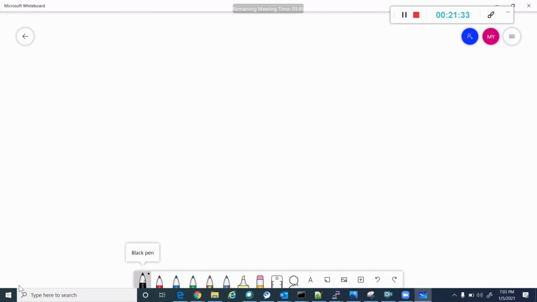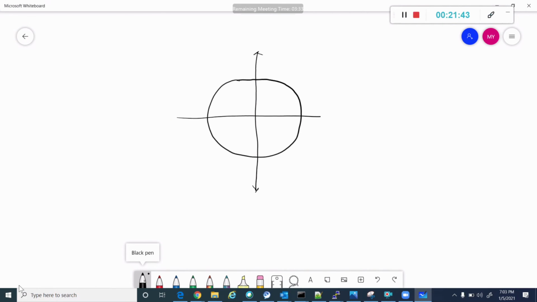This is my unit circle with center at the origin. This is A (1, 0), B (0, 1), C (minus 1, 0), D (0, minus 1).